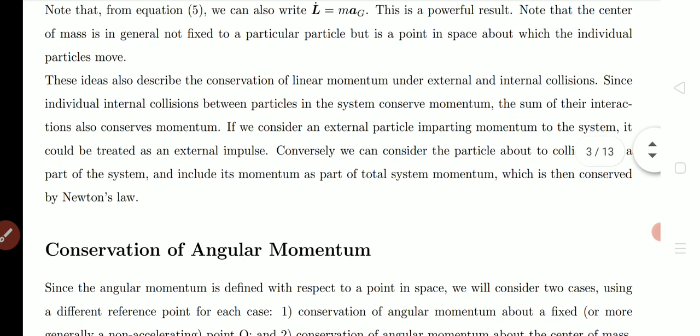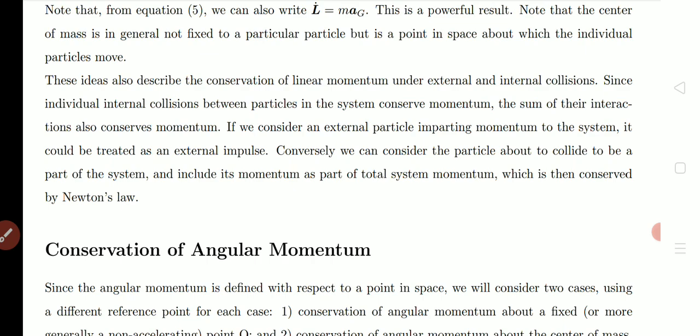These ideas also describe the conservation of linear momentum under external and internal collisions, since individual internal collisions between particles in the system conserve momentum. The sum of their interactions also conserves momentum. If we consider an external particle imparting momentum to the system, it could be treated as an external impulse.